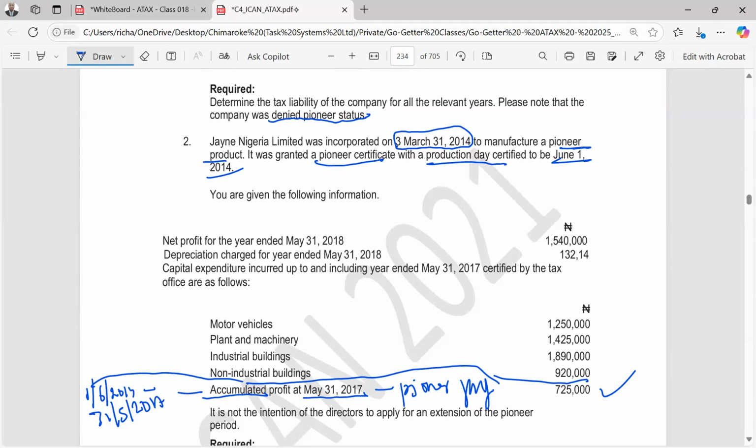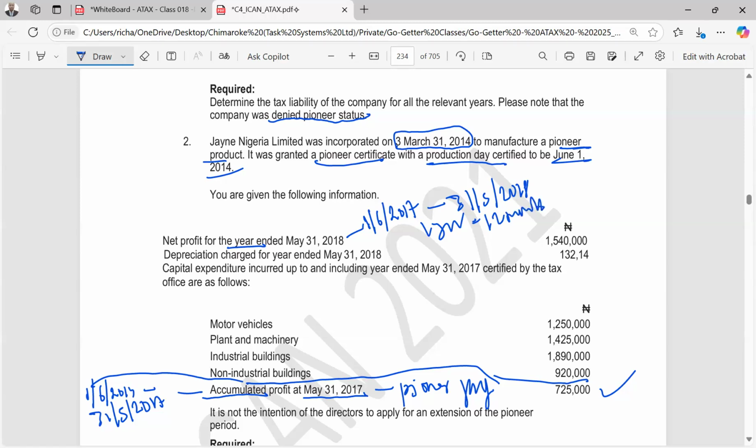All right. We are given net profit for the year ended. So it is specifically year ended, not period ended. It means this year would have started from June 1, 2017 to 31st May 2018. This is 1 year, which is 12 months.